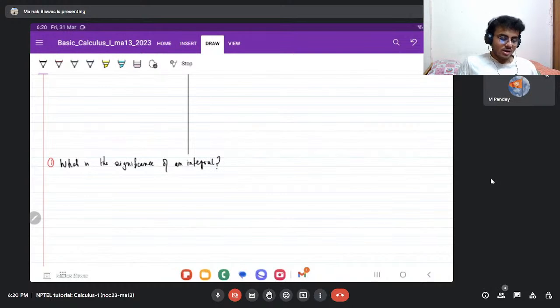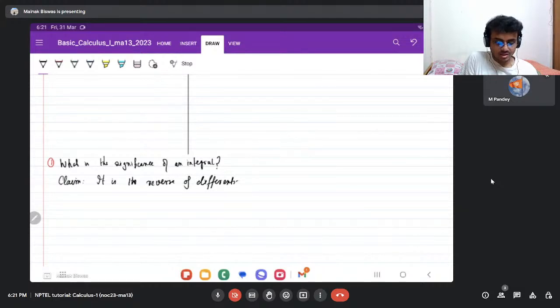So our claim is that it is the reverse of differentiation, and in order to do that, we say that it is the area under a curve, which also implies it is the reverse of differentiation.